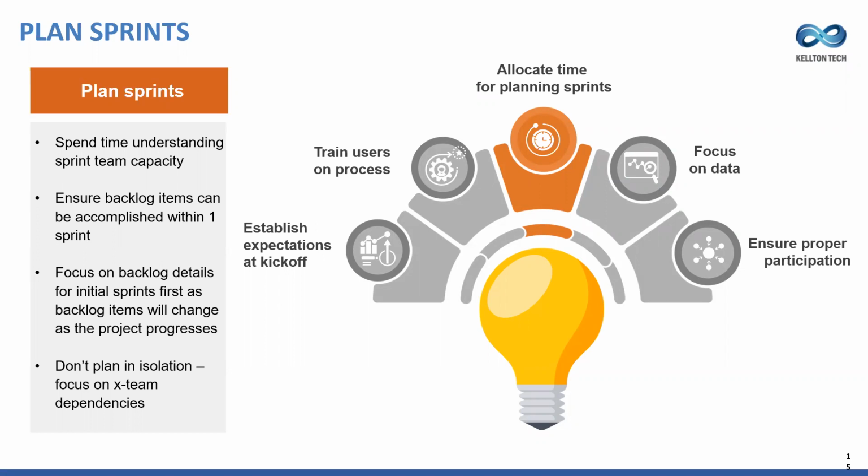The initial set of sprints usually are building the org structure, the basic configuration that's needed, and then you go into details on specific scenarios that need to be built. And it's very outcome and scenario driven. That's what your sprint backlog should look like. And again, a lot of these things can't be planned in isolation.